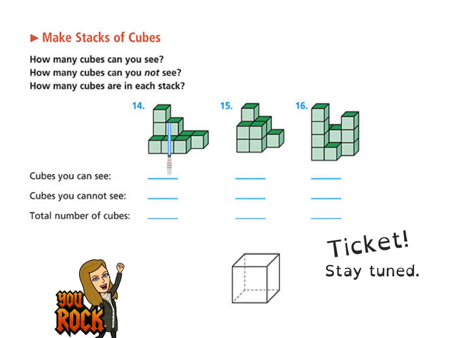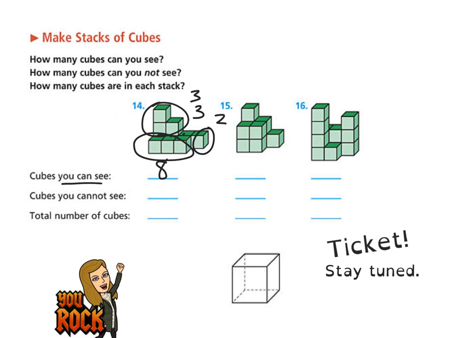So on top I see a group of 3. And on the bottom front here I also see 3 cubes. And I can see the top face of that back cube and then another one here. So together that's 2. So the cubes that I can see in this stack already is 3, 6, 7, 8.